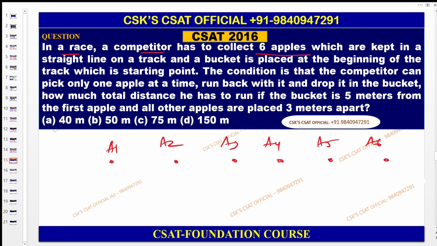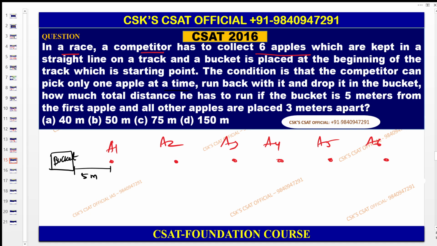The competitor can pick only one apple at a time, run back and drop it in the bucket. So the bucket is here. How much total distance has to be run, if the bucket is 5 meters from the first apple?